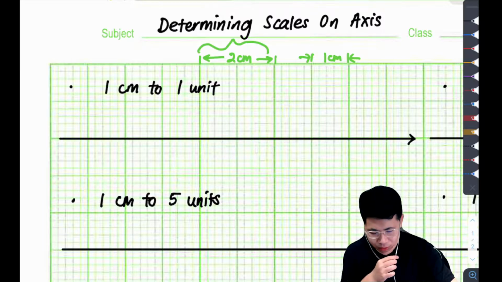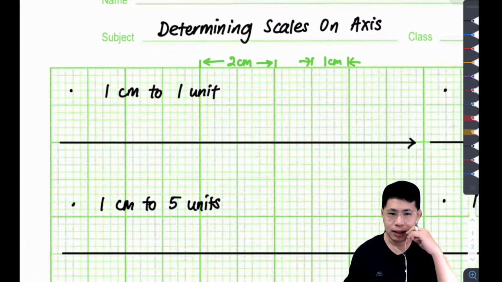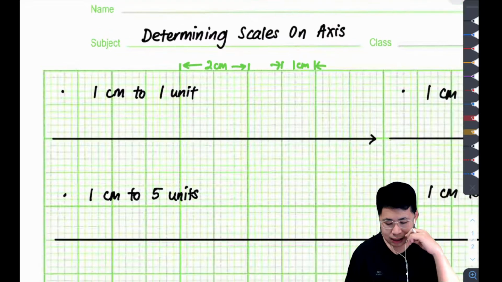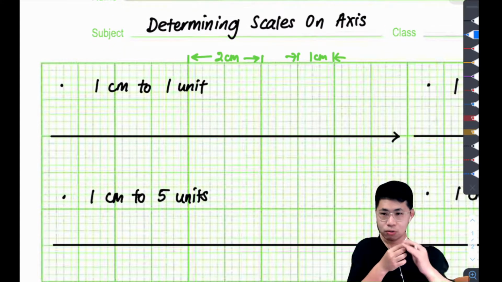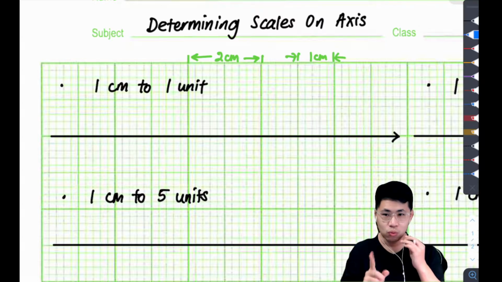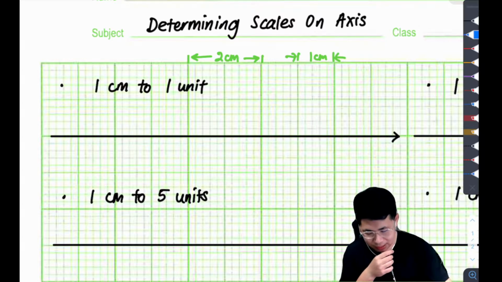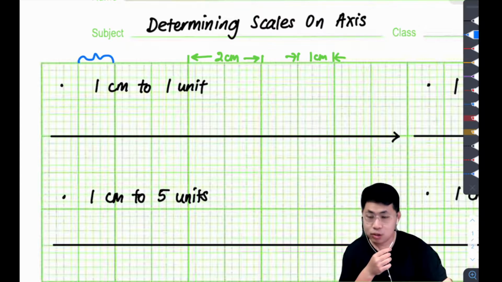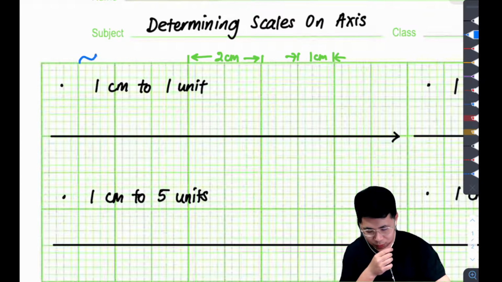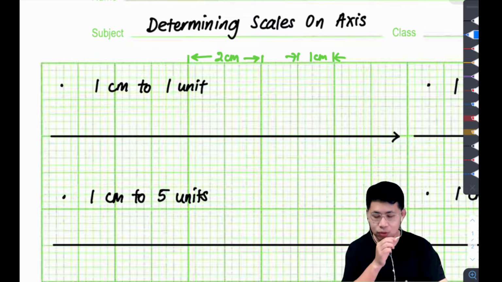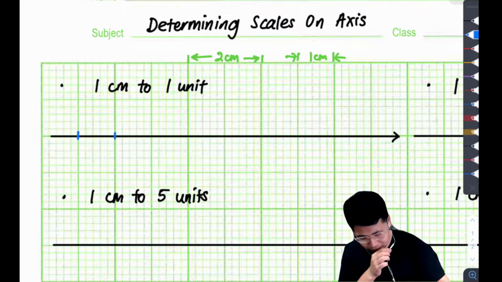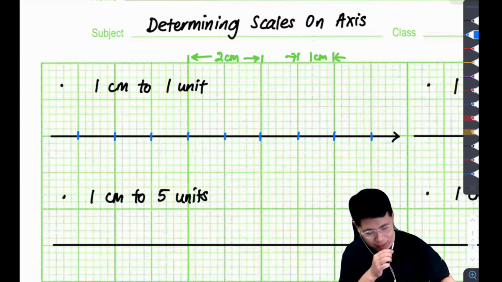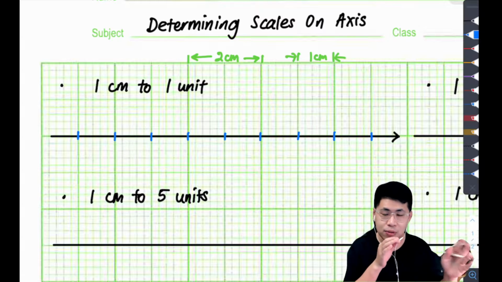Alright, now with this, let's take a look at the units and see how we draw the units. Here, in order to represent 1 cm to 1 unit, 1 cm means this width over here. The width would be like this. We're going to count 1 unit for every box. So I'm going to make my marks every 1 cm, and 1 unit means my increment is 1 unit.